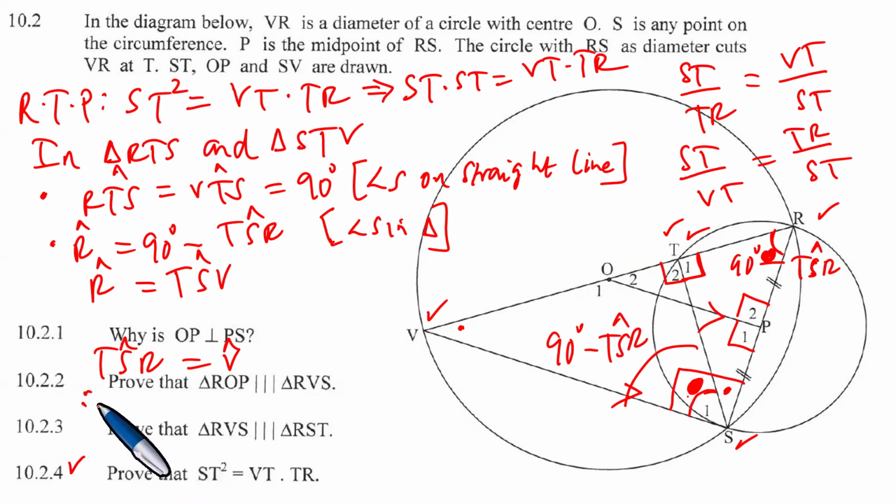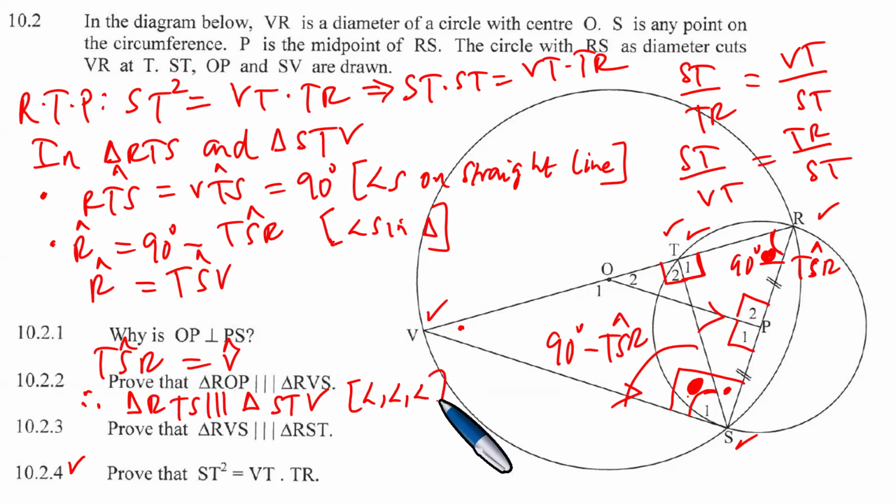And if that is the case, we're able to see that triangle RTS is actually similar to triangle STV. Angle, angle, angle.